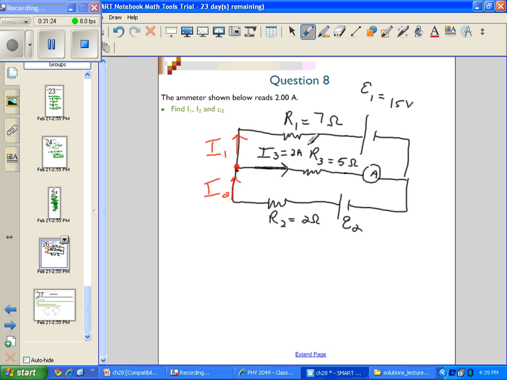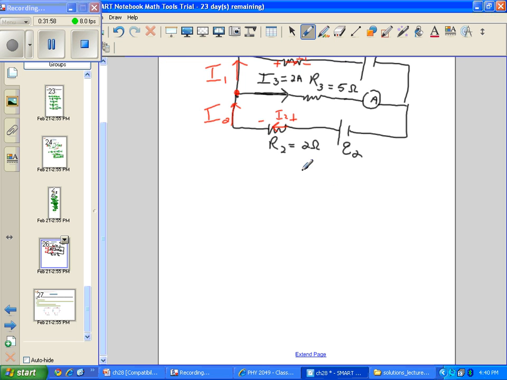If we choose I1 in this direction, when it flows through the resistor, this will be the positive end and this will be the negative. I2 will be such that this will be the positive and this will be the negative. So let's draw an I2 here and an I1 here, so that when we traverse the loop, we'll remind ourselves which directions we chose for the current.